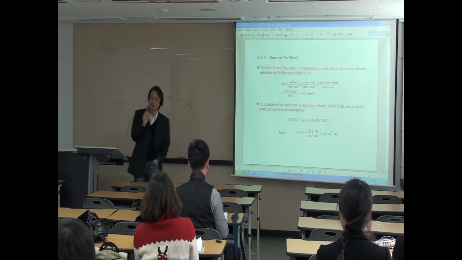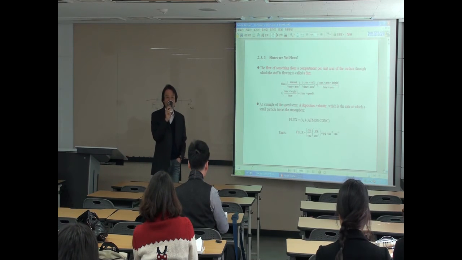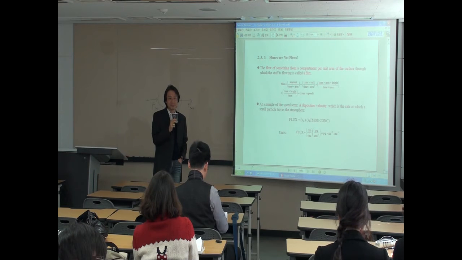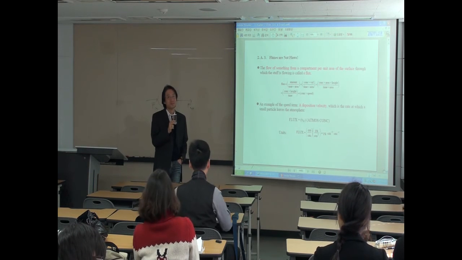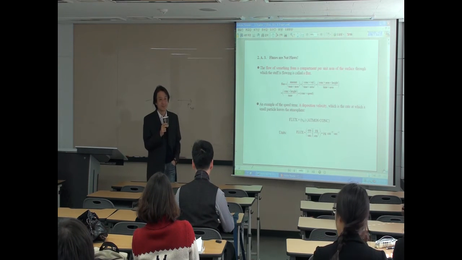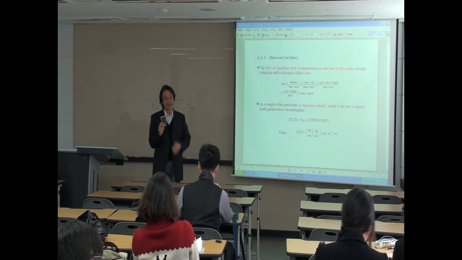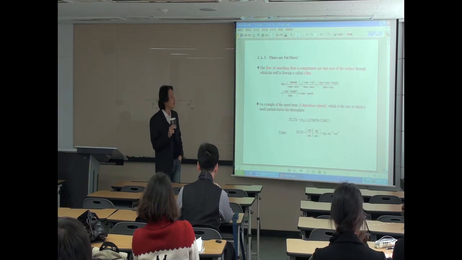We are dealing with the flow so far, right? So what is flow? Flow is the total amount of something flowing, like water. What is flow rate, then? Flow rate is that total amount divided by time. Right. What is the flux?